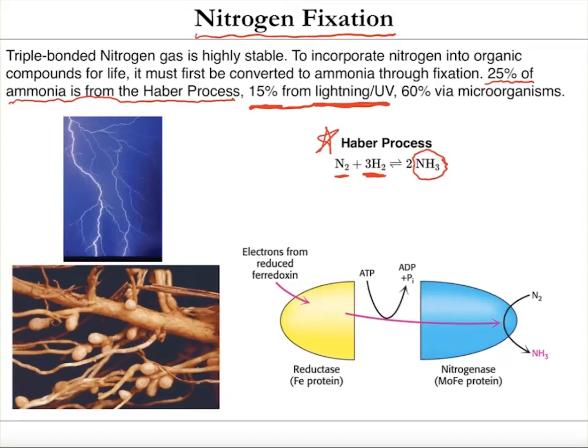So about 15% of the nitrogen in the living organisms on Earth right now comes from just lightning and UV. That provides enough energy to convert that nitrogen gas into ammonia. And then most of it, 60%, is through microorganisms that contain an enzyme called a nitrogenase complex.